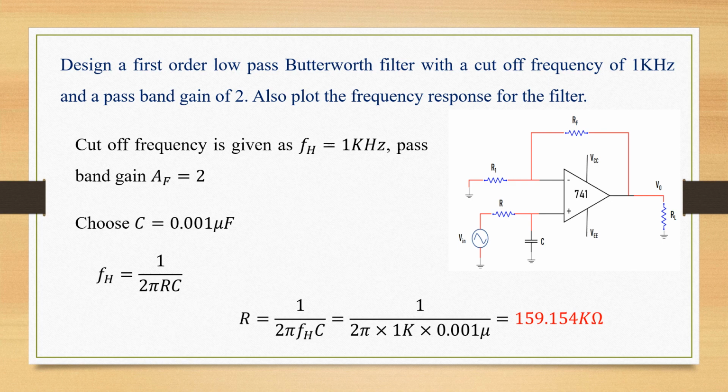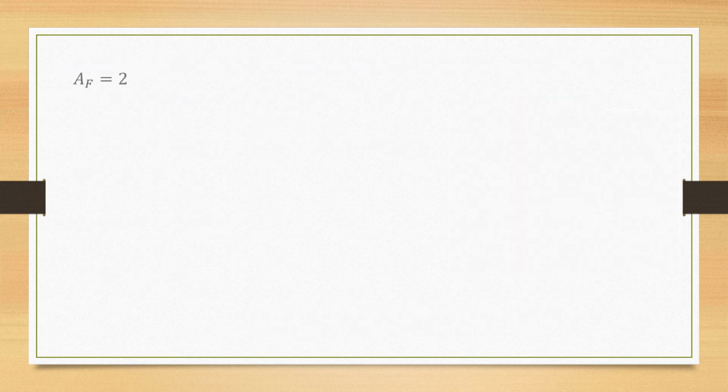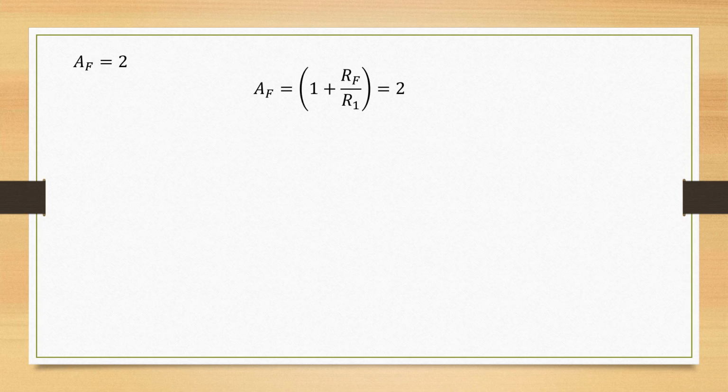The next step is to find the value of RF and R1. The passband gain is given as AF equal to 2, and using the expression AF is equal to 1 plus RF by R1, since it is a non-inverting configuration, which is equal to 2, we find the relationship between RF and R1. It states that RF is equal to R1. So we select one value and find the other.